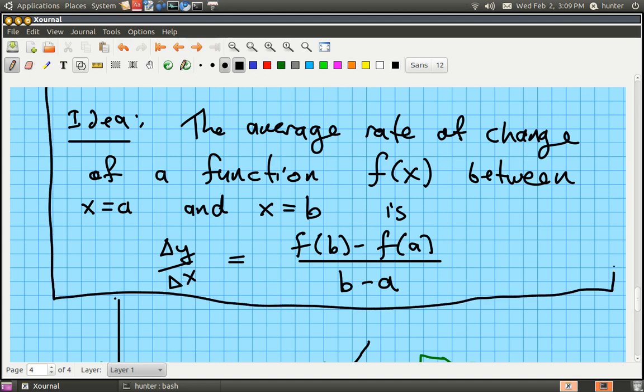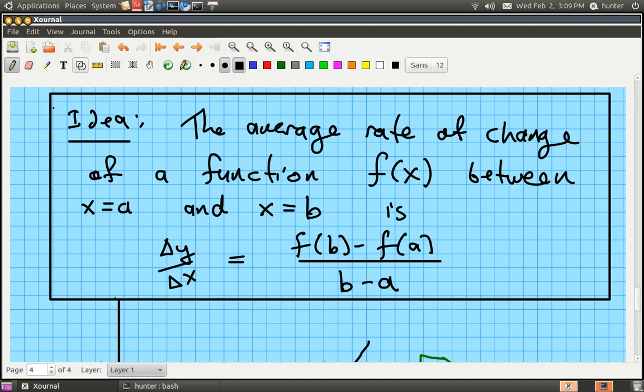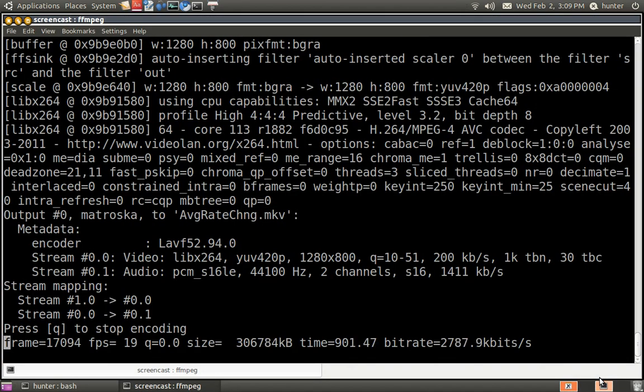Okay, and so we're done. Okay, so we just defined what average rate of change means for a function. And later we can come back and do some other interesting things with it, but let's just stick with this for now. So that formula is what we just arrived at.